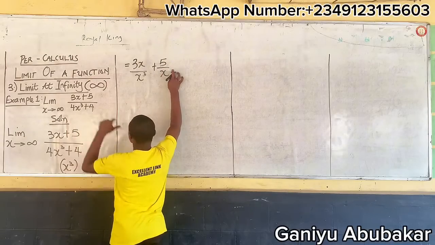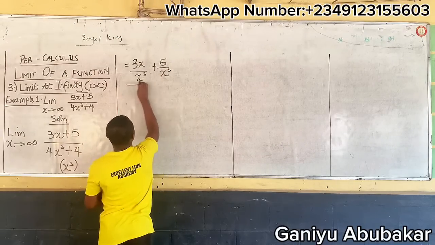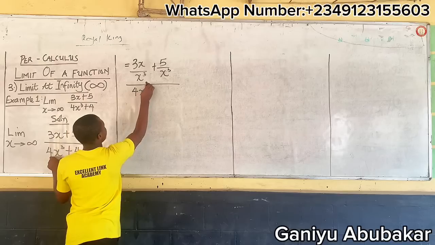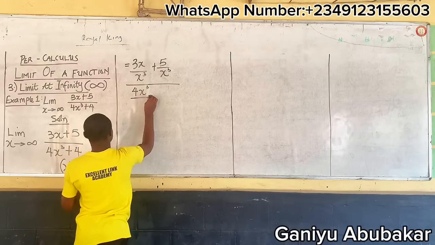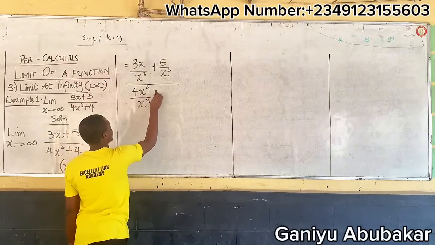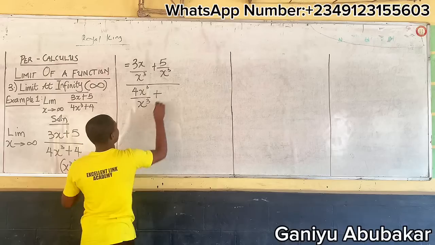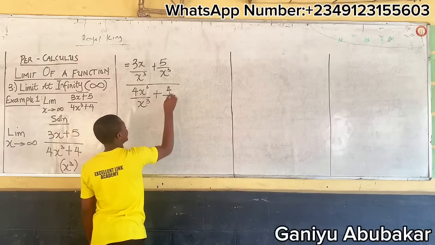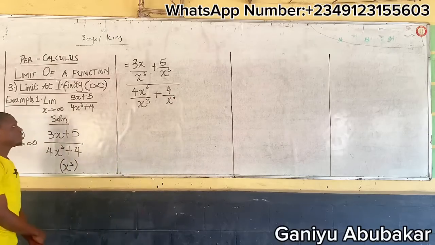Then all over, I'm having 4x cubed divided by x cubed as we said initially, plus 4 all over x cubed. So I have this, right?